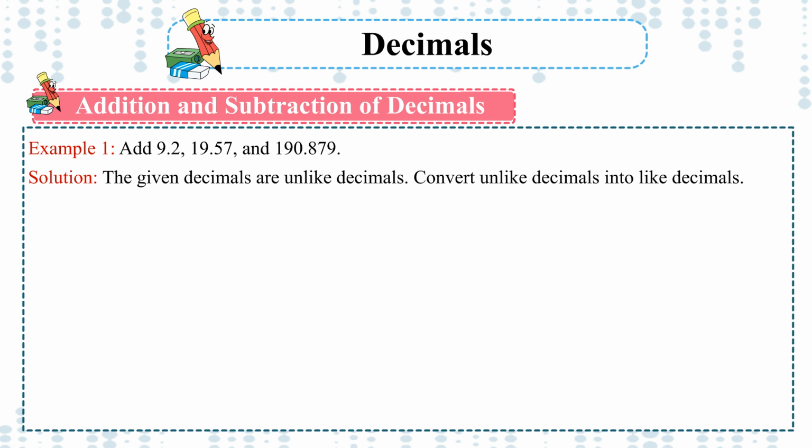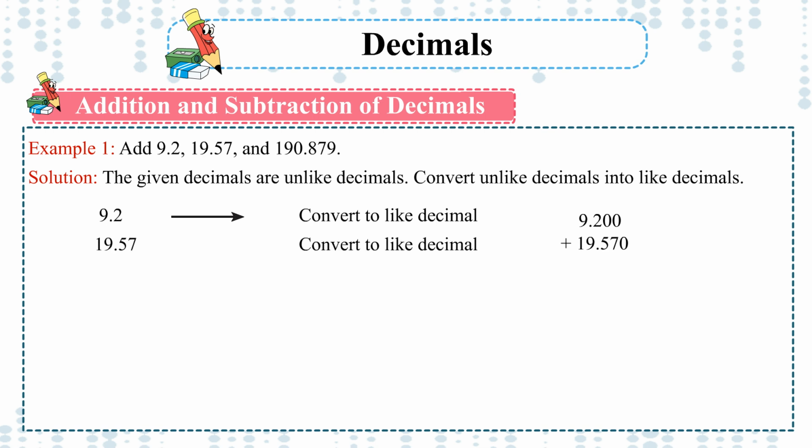Convert unlike decimals into like decimals. 9.2 converts to like decimal 9.200. 19.57 converts to like decimal 19.570. Plus 190.879. Answer: 219.649.